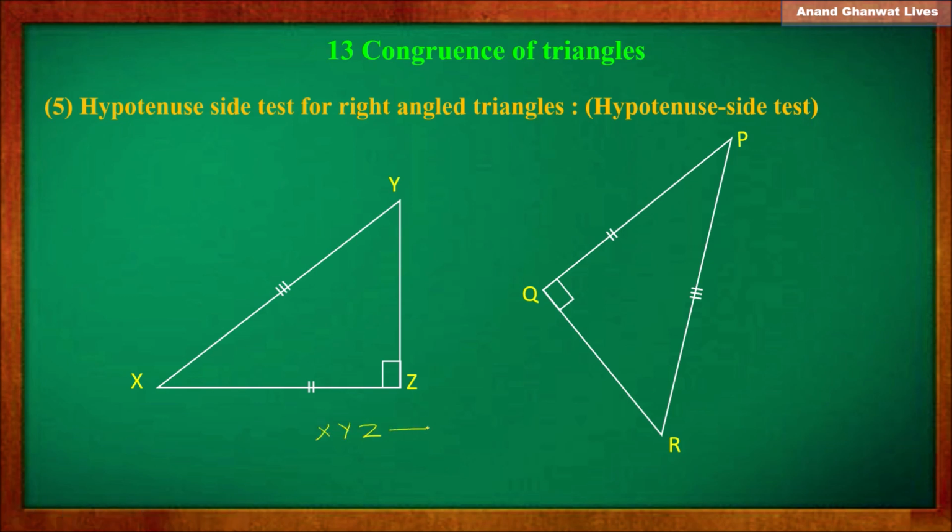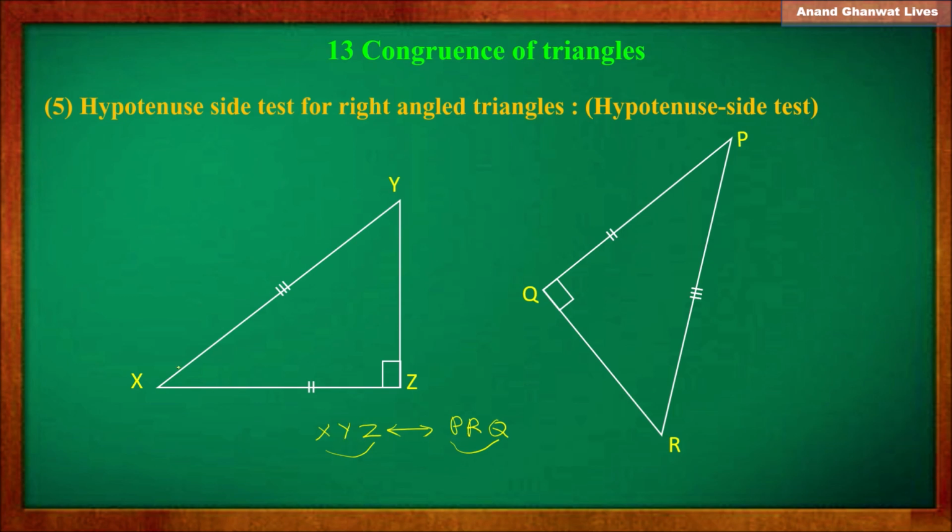XYZ is one-to-one correspondence with. Now angle Z is congruent with angle Q, so write Q here. Segment XZ is congruent with segment PQ, so P, and the remaining R. So XYZ is in correspondence with PRQ.